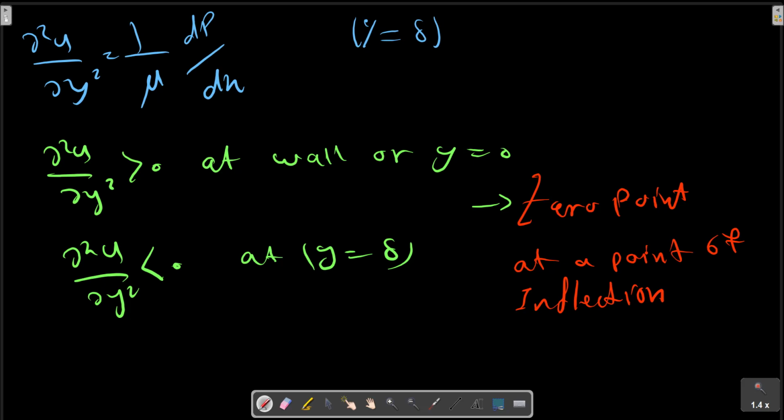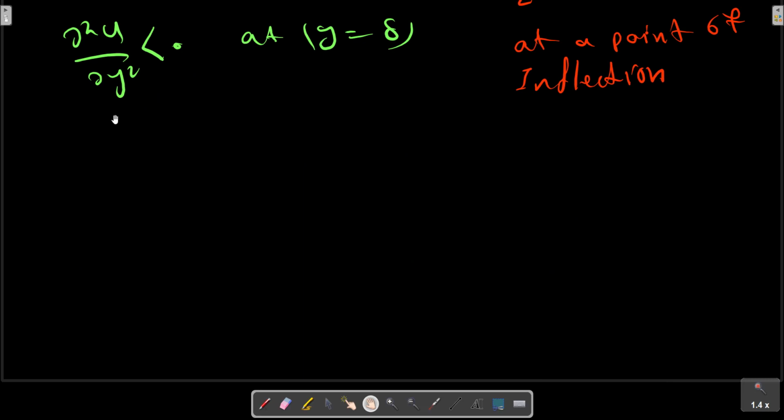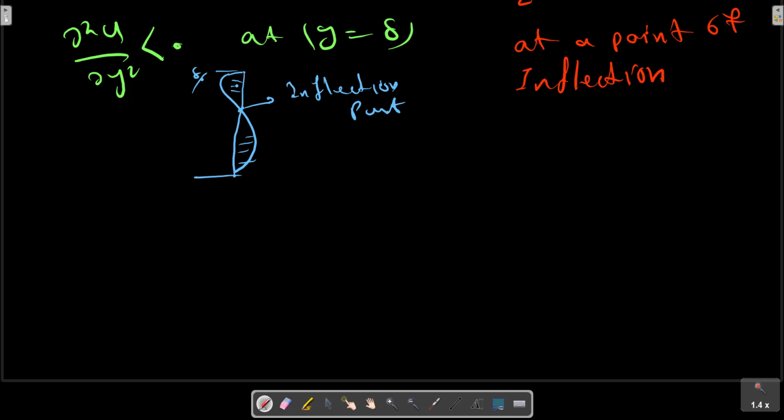So we have an S shape, for example, a velocity profile which has an inflection point. This figure illustrates a general case.